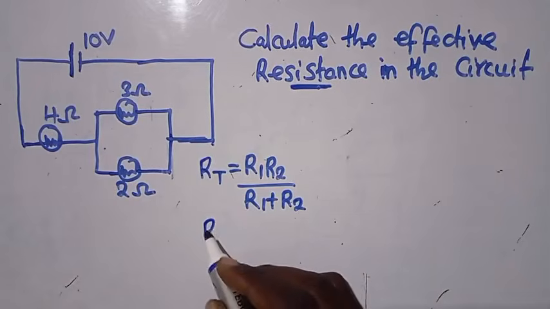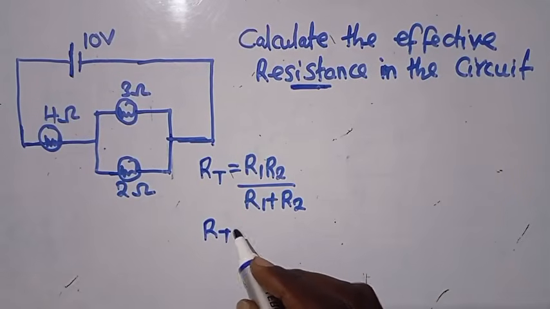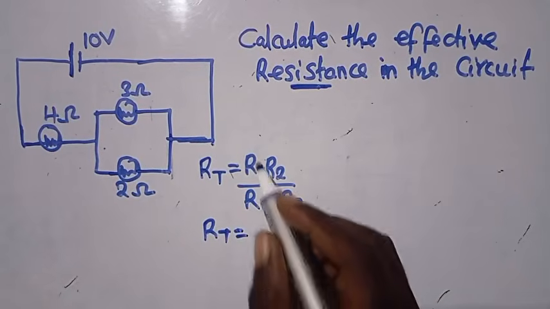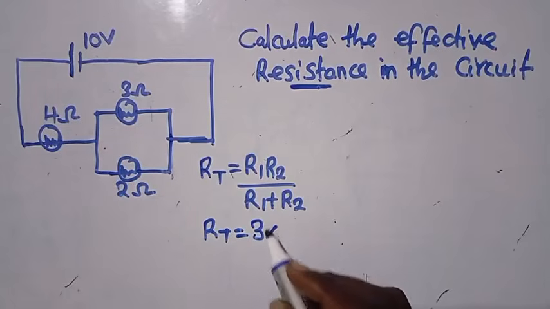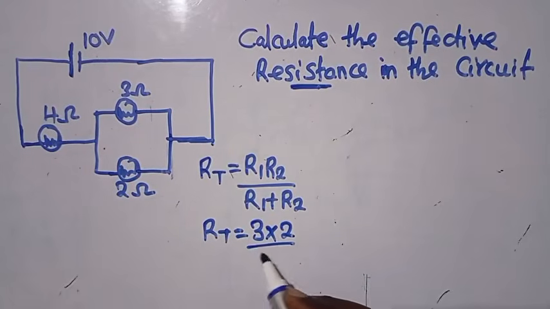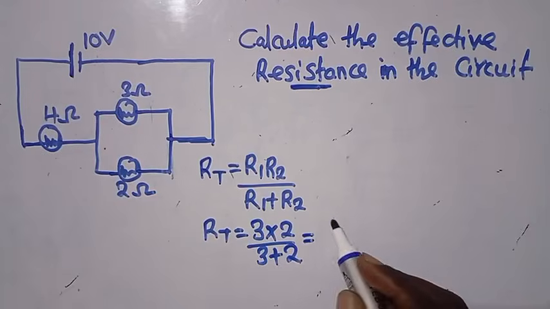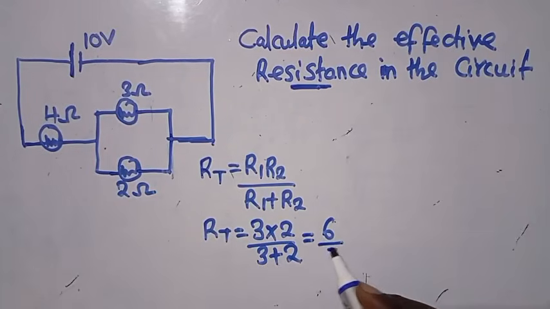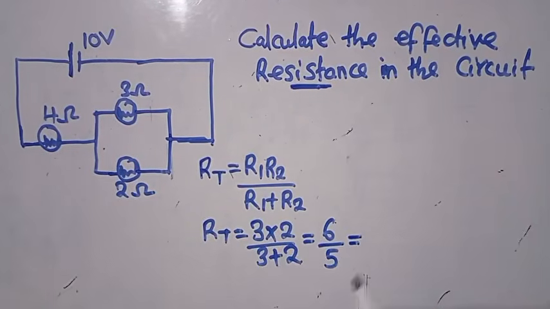This is the formula to use. So I will say 3 times 2 over 3 plus 2. What answer are we getting? 6 over 5.